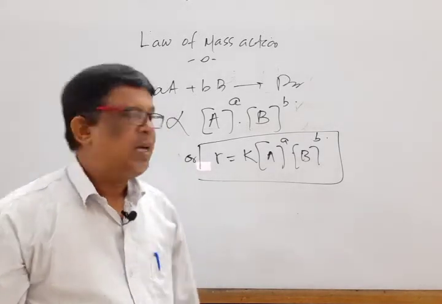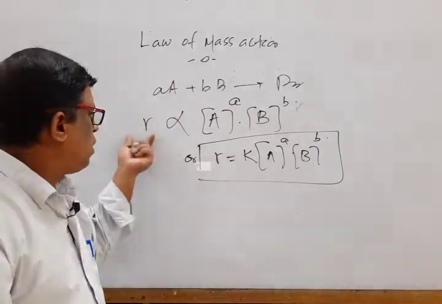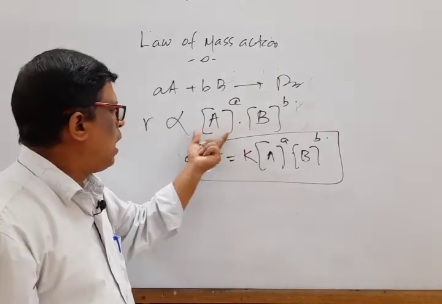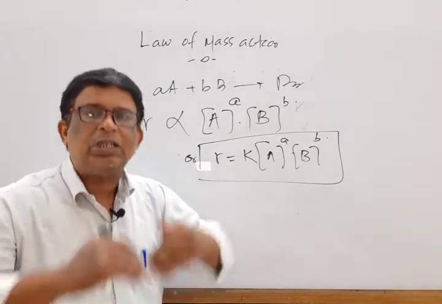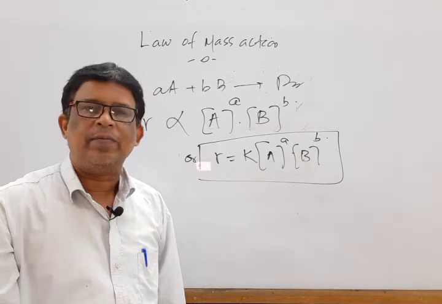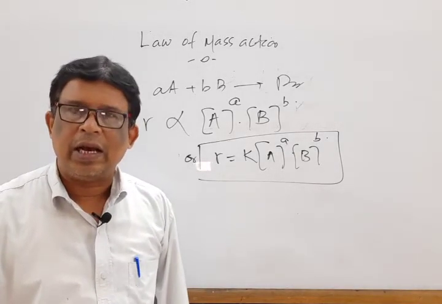I repeat again. The law of mass action states that the rate of a reaction is directly proportional to the product of the molar concentrations of the reactant species, and each term is raised to the power equal to its coefficient, which is represented in a balanced chemical reaction.